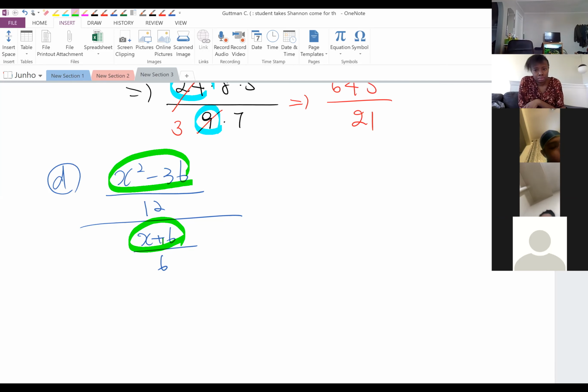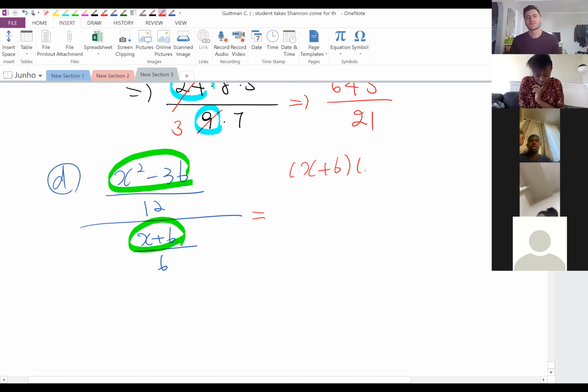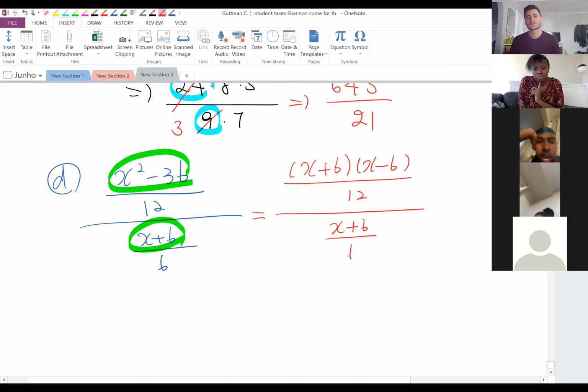How to expand? It would be x minus 6 times x plus 6. Oh, you mean factoring, right? Yeah, exactly. So you do factoring first. So it becomes (x plus 6)(x minus 6) over 12 over (x plus 6) over 6. Okay.